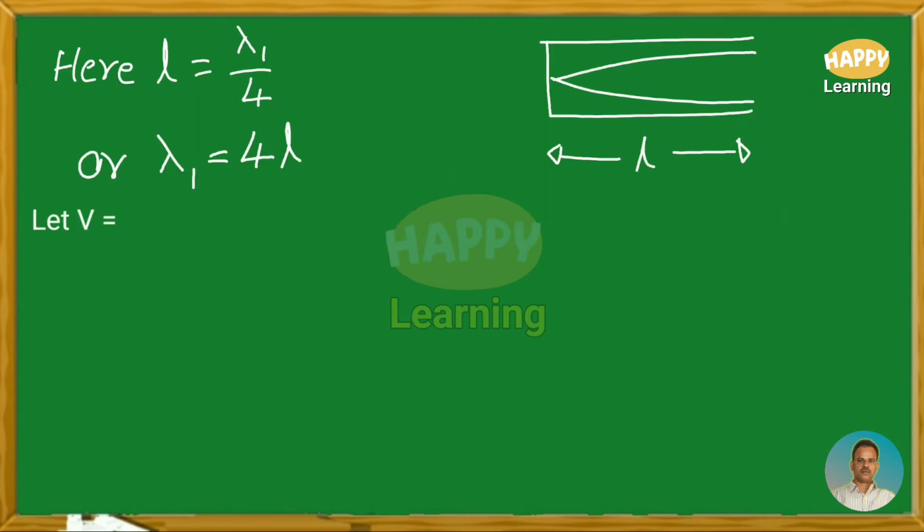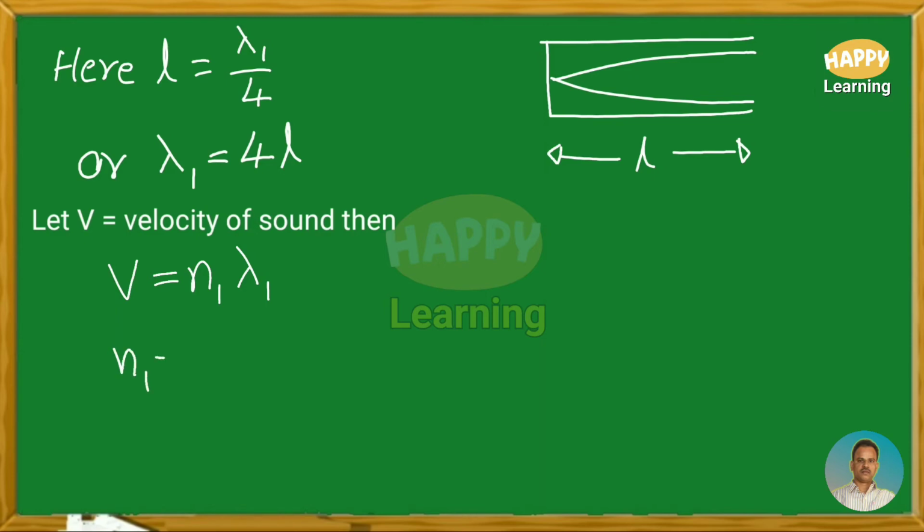Let V equal the velocity of sound, then V is equal to N1 lambda 1. Then N1 is equal to V by lambda 1. Substituting the value of lambda 1, we get N1 is equal to V by 4L. Let it be equation number 1.